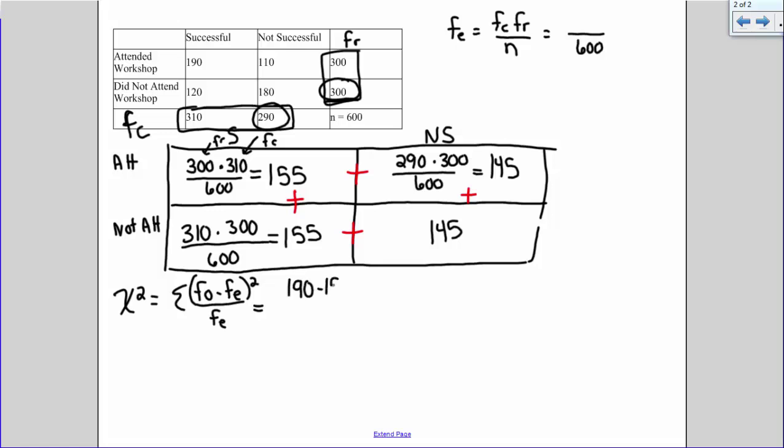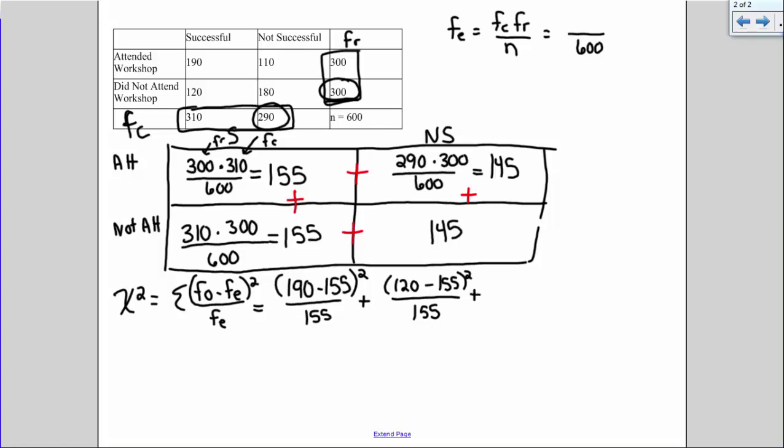We expected 155. Then my next group, the successful students who did not attend the workshop. We observed 120 of those. We expected 155 if the null hypothesis was true and there was no relationship between time management workshop and success.